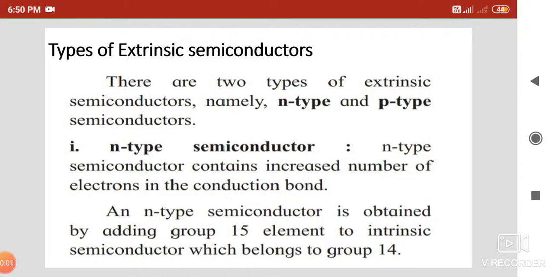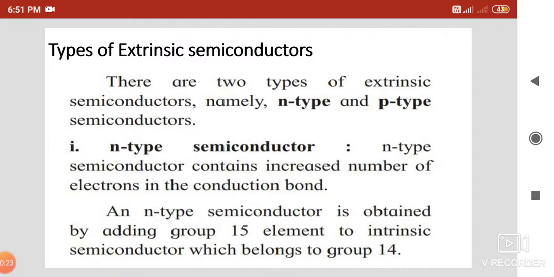Hello students, today we are going to start with the new topic, that is types of extrinsic semiconductor. We have learned that semiconductors are of two types: intrinsic semiconductors, that is pure semiconductors, and extrinsic semiconductors.